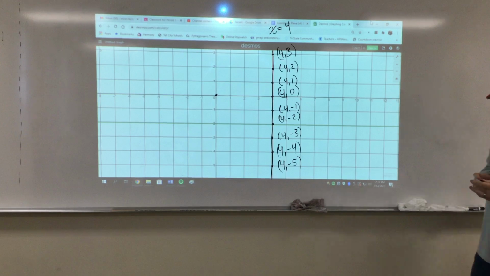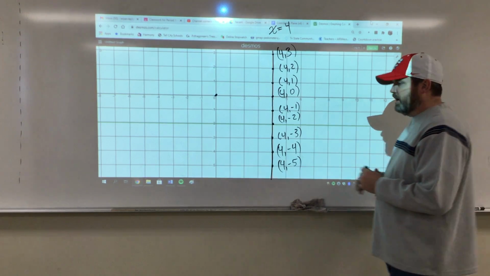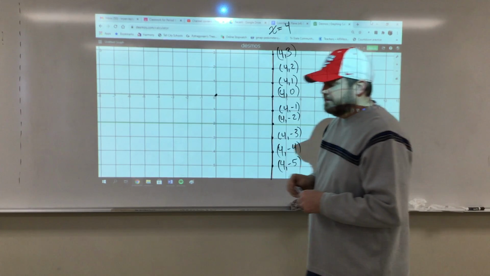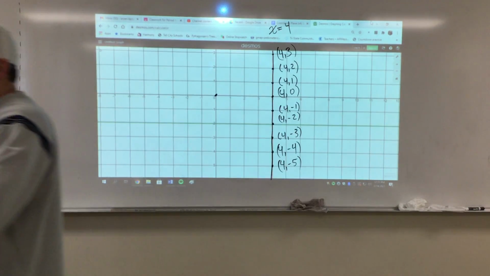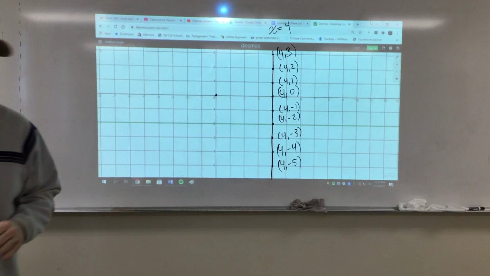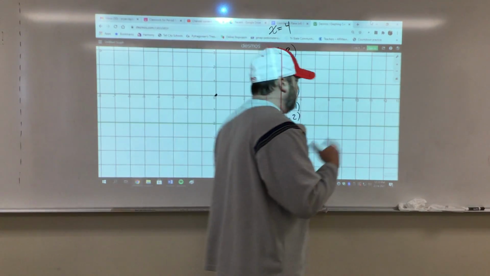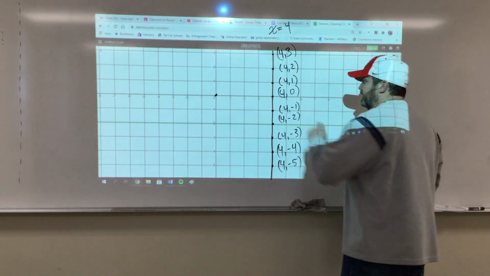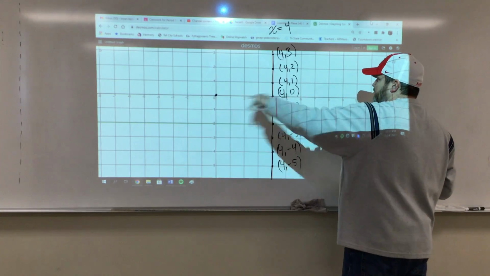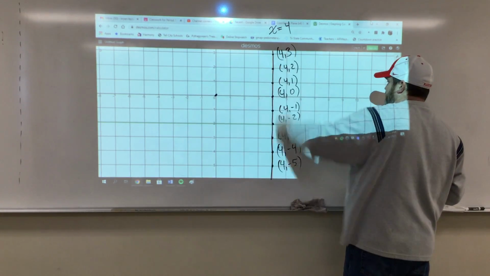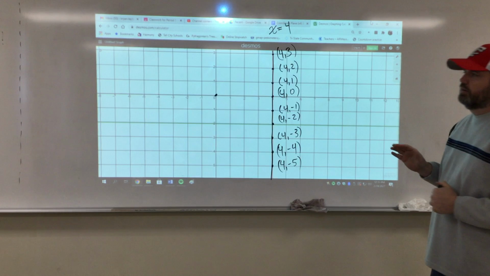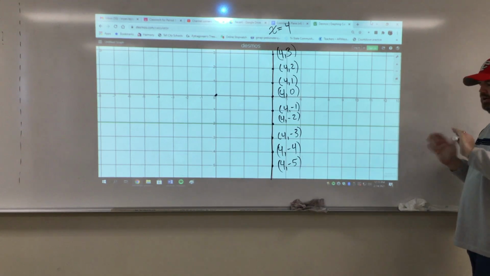Now, I know that seems really easy, and you're thinking, how could I possibly mess this up? Here's where people mess up. When they think of an x-coordinate, they think left and right. Well, this line is going up and down. So don't think about whether x means up, down, left, right, any of that.